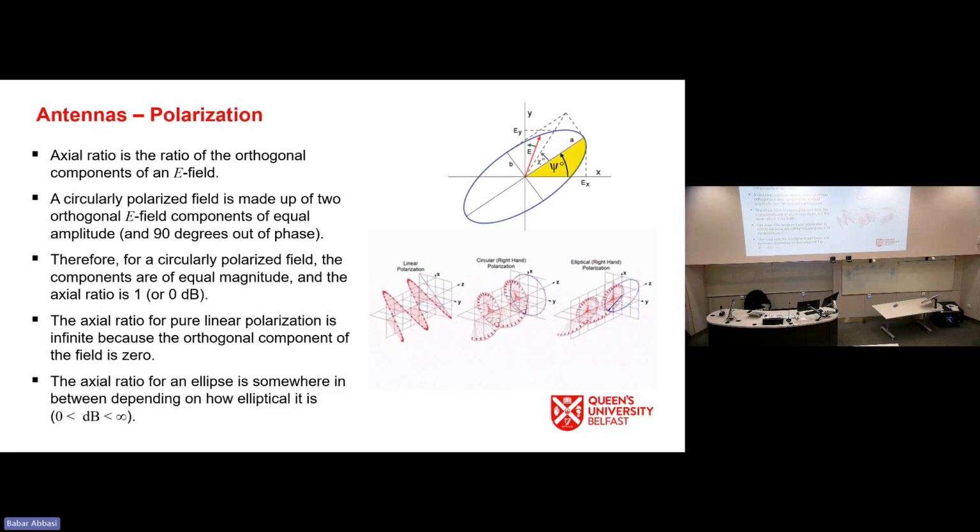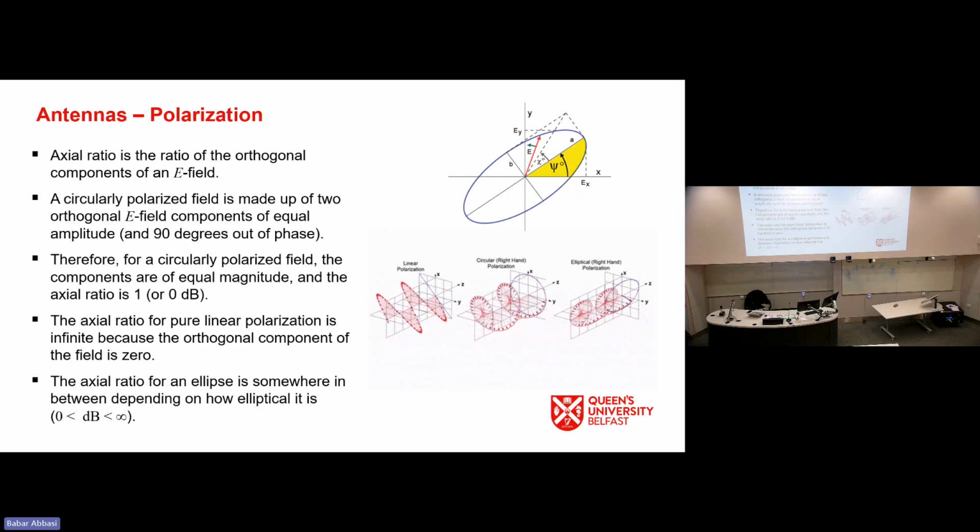Now, in the first diagram, what I have just mentioned is given in an animation, in which you have linear polarization being explained. On one side, we have circular polarization, right-hand circular polarization, or clockwise circular polarization. And then third is elliptical polarization.